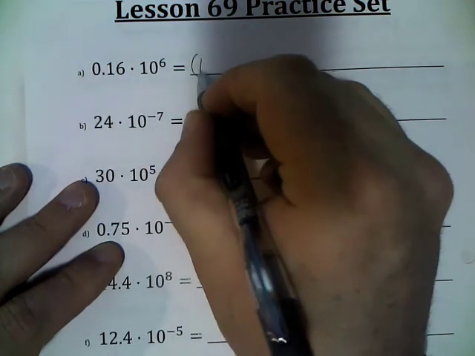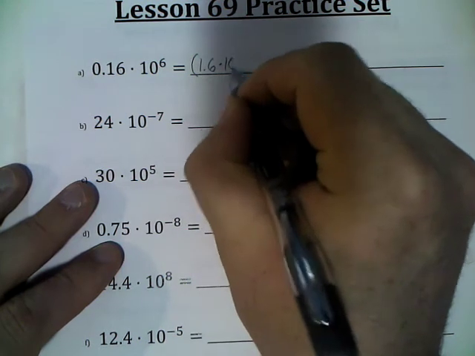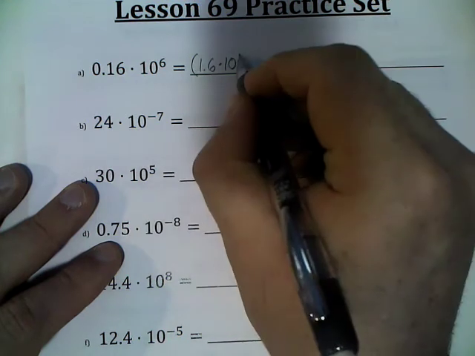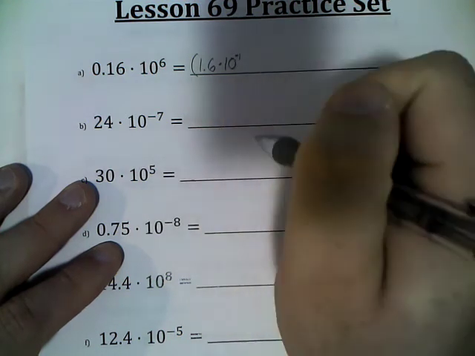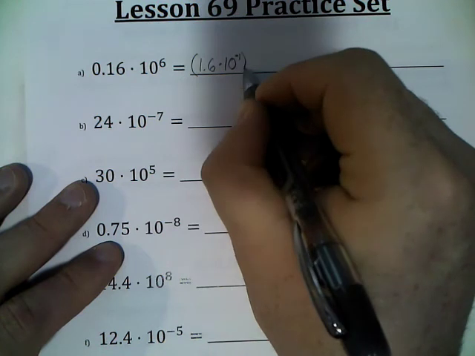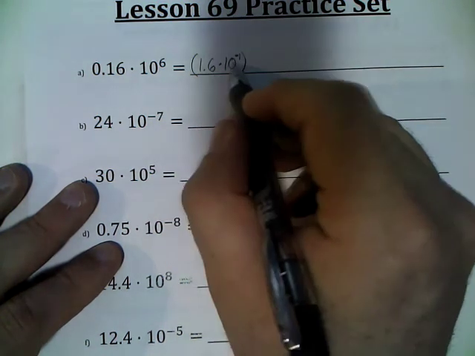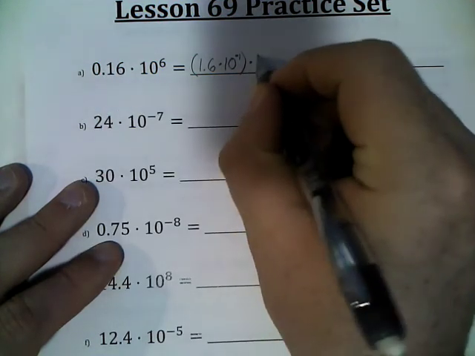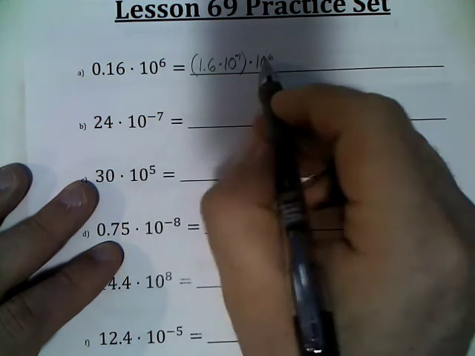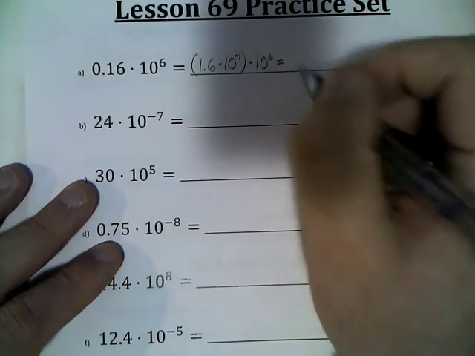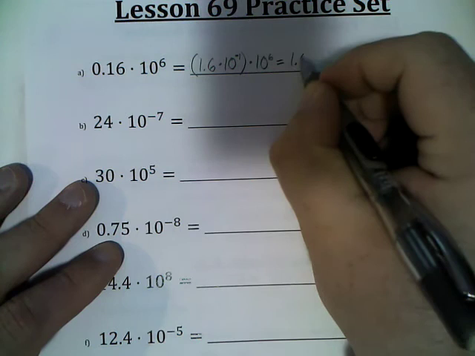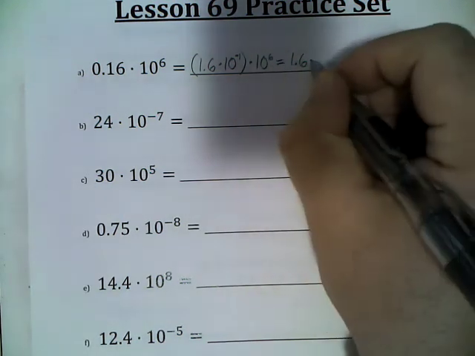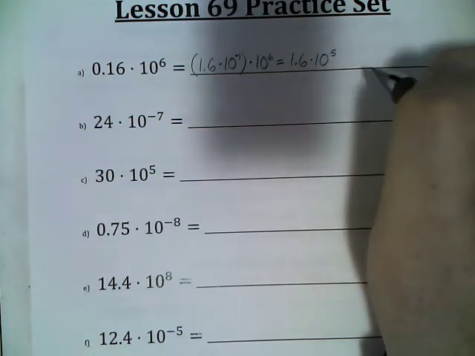So that'll be a 1.6 times 10 to the, now 1.6, I'd need to move the decimal just a single time, but make it smaller to go back to the original. So this right here in parentheses is this right here. Now we just copy the 10 to the 6th power. That just comes over. And finally we put it all together. So 1.6 is going to be my coefficient out front. And then a negative 1 plus a positive 6 will make times 10 to the 5th power.